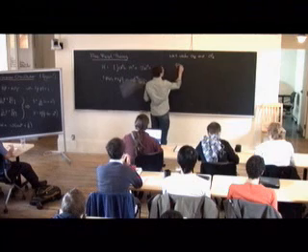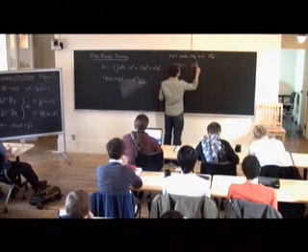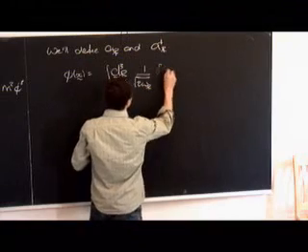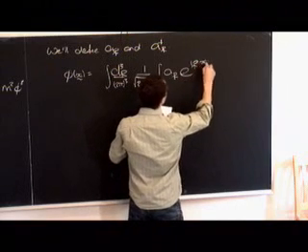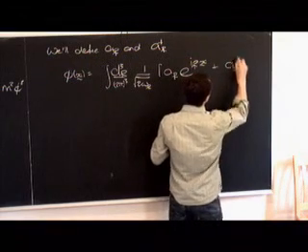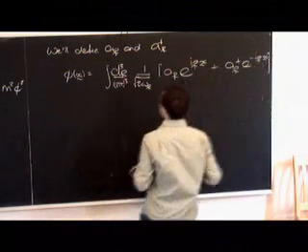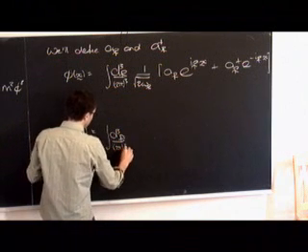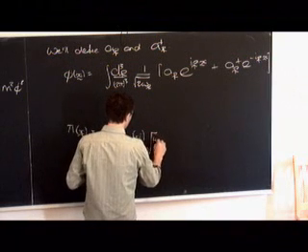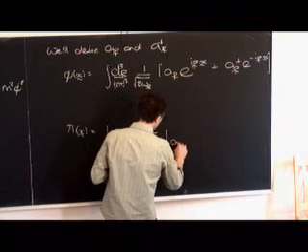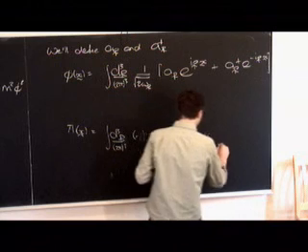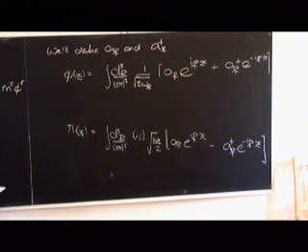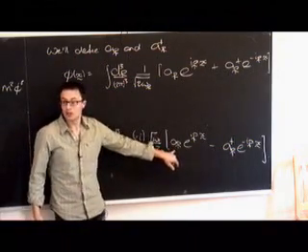So the definition is that I'm going to write phi of x as this. Okay, so you can take this to be a definition of the a's and the a daggers.